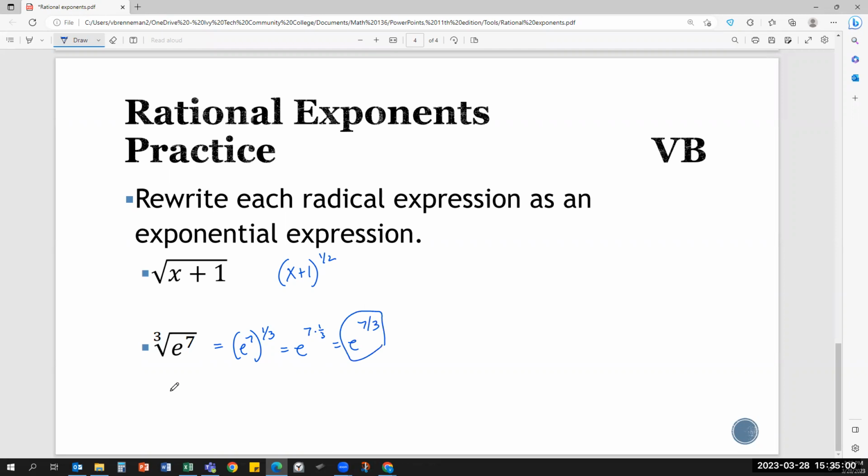So if you have trouble remembering the direct rule, just do it one piece at a time. Cube root is the 1/3 power. What does it mean to take e to the 7th to the 1/3 power? Well, that means you multiply the powers, and when you multiply 7 times 1/3, you get 7/3. All right, so that's rational exponents.